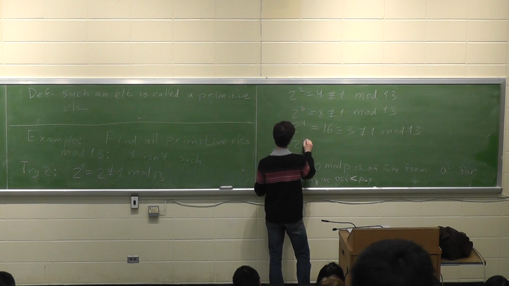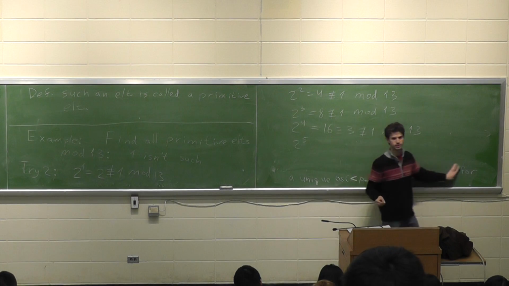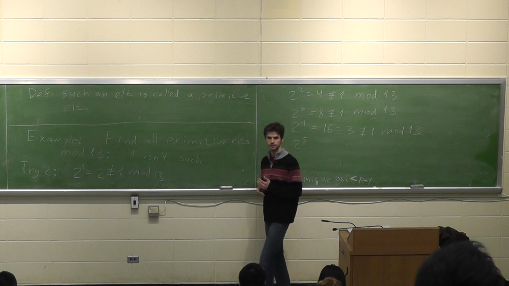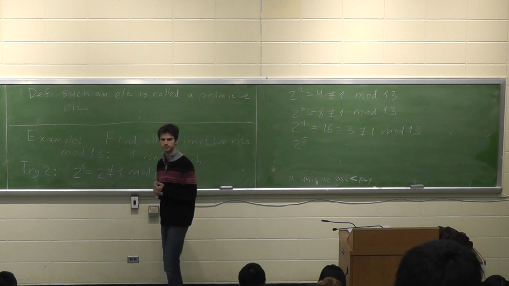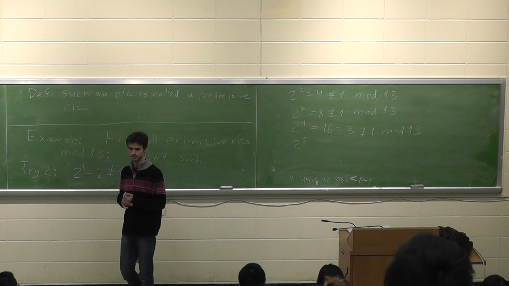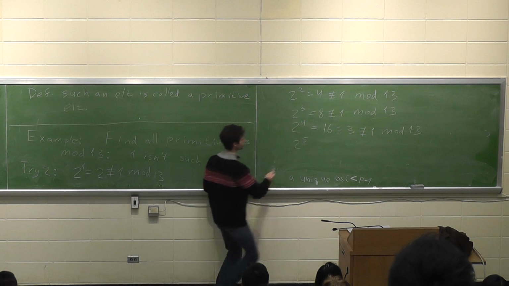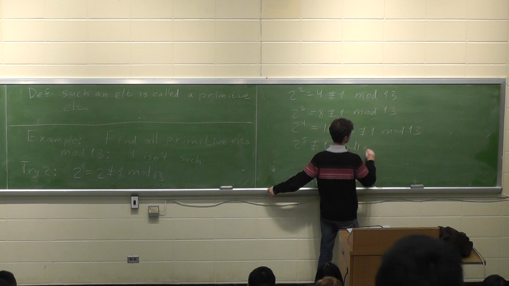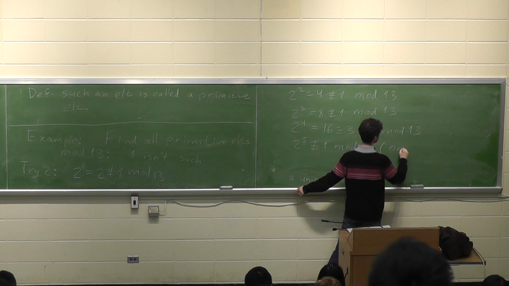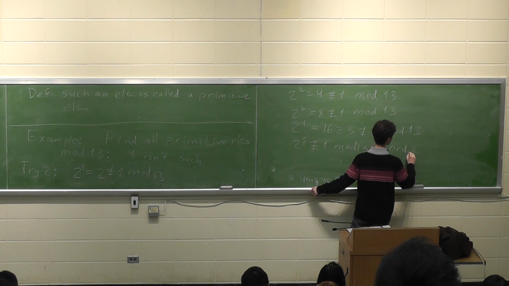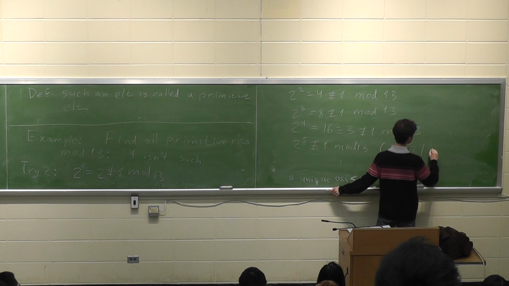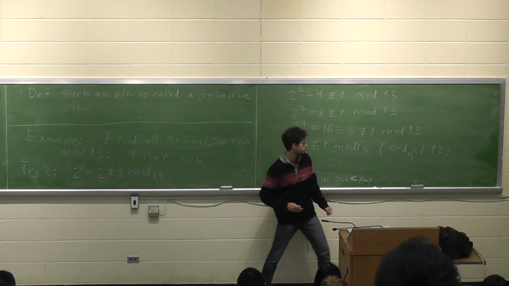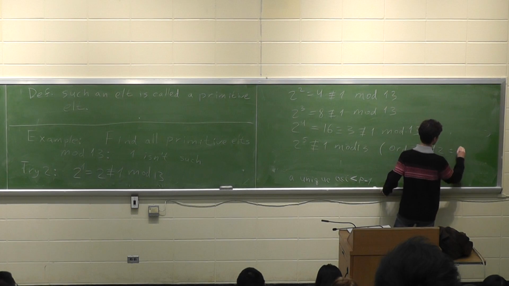Should we compute 2 to the fifth? Could it be equal to 1 modulo 13? No, 5 is already excluded, because the order of 2 modulo 13 must divide 12, which is 13 minus 1.